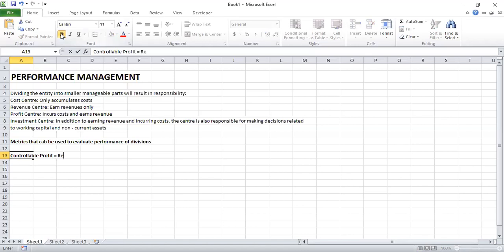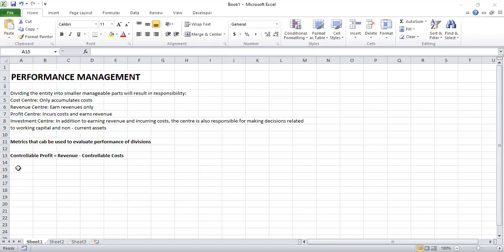This is equal to the revenue minus controllable costs. So we move away from the normal accounting way of just subtracting all costs. Here, we only subtract the controllable costs, right? What do we mean by controllable costs?